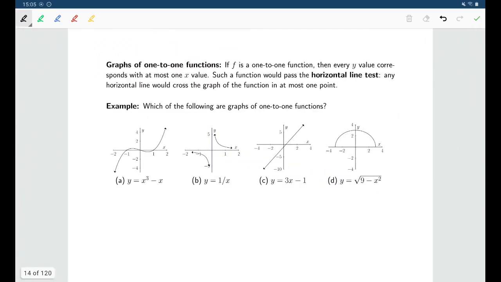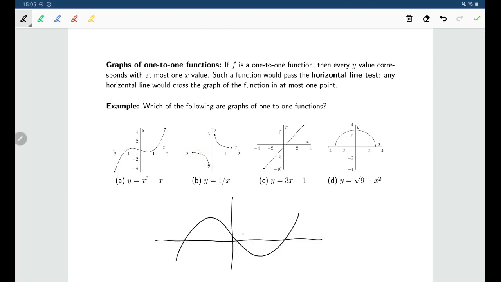So if you're just thinking in terms of what that impacts as far as the graph goes, if you're a one-to-one function, that means for every x value, there's only one y value, and vice versa. For every y value, there's only one x value. So that means that anytime you draw a horizontal line through your graph, it should pass through only one point.